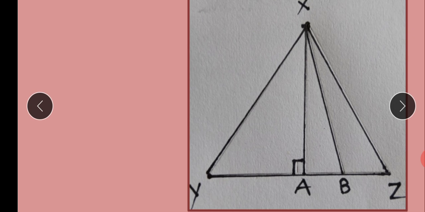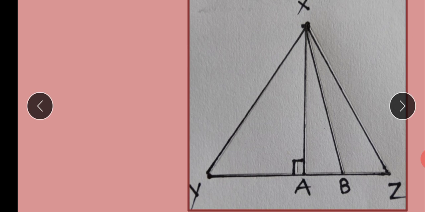XA is the common side and XY and XZ are equal because the triangle is equilateral. Therefore, the two triangles which are formed here are congruent by RHS. That means AY is equal to AZ. That is, A is the midpoint of YZ.